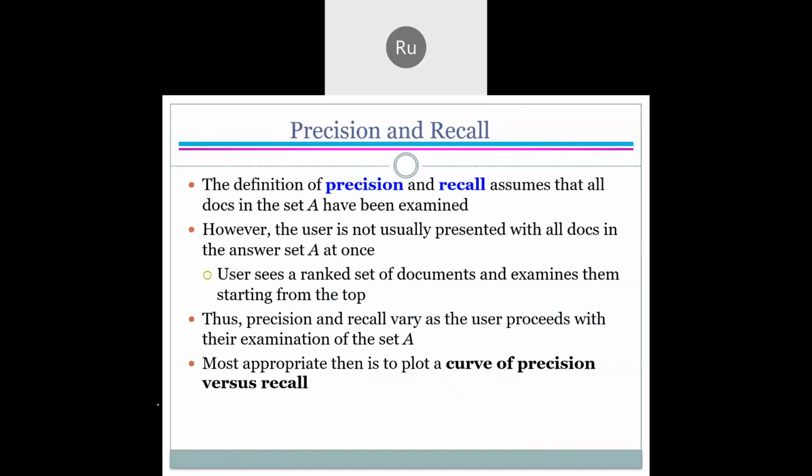Normally we will look at the curve of precision and recall in order to see how good the retrieval system is. At a certain point in the retrieved documents, we can measure the precision and recall, so it depends on which position we are talking about.